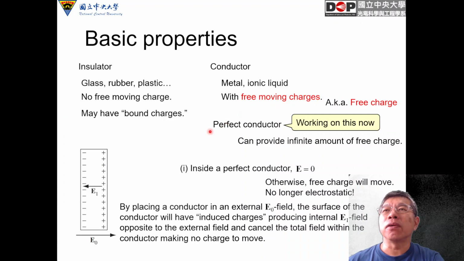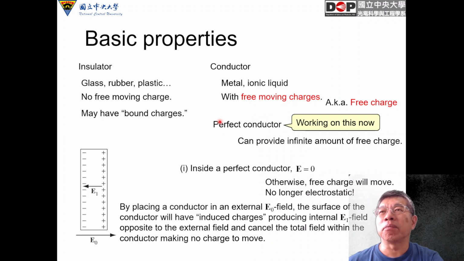Okay, so a conductor has free charges. For a perfect conductor, there's no resistance for charge to move around. But in real life, in metal and liquid, the charge is not that free. It will encounter some resistance, which leads to a resistor, but we are not going to discuss that.